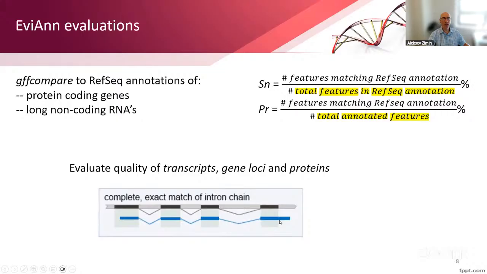And then for gene loci, if a tool gets at least one transcript or CDS annotated correctly for that locus, then I'm going to count it as annotated correctly.